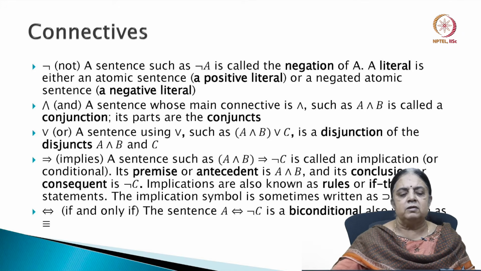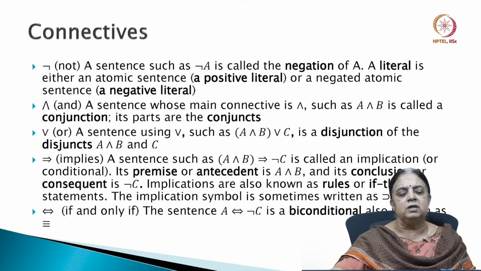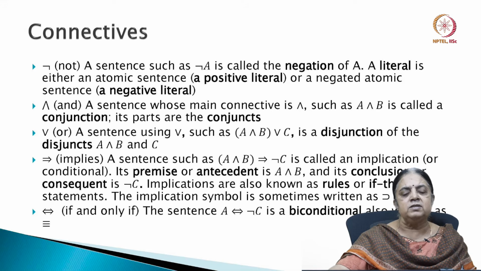If we look at the 5 connectives, not is the first connective, that is the negation. If you have a sentence A, the negation of that sentence is where you use the not. Next is the and. And is the conjunction.